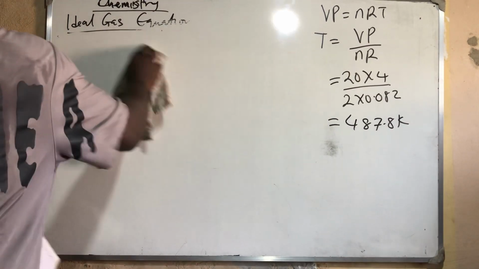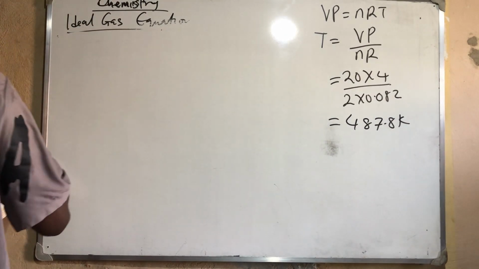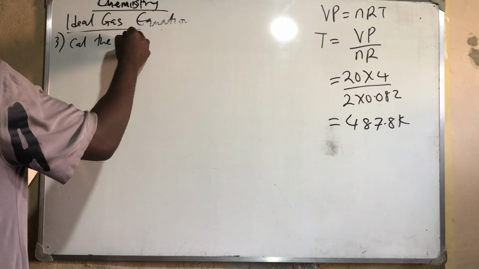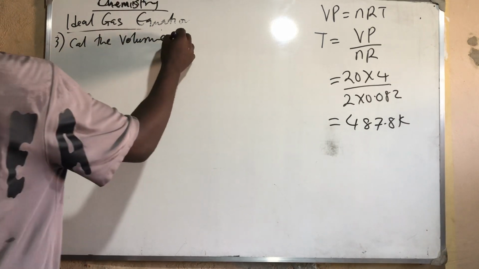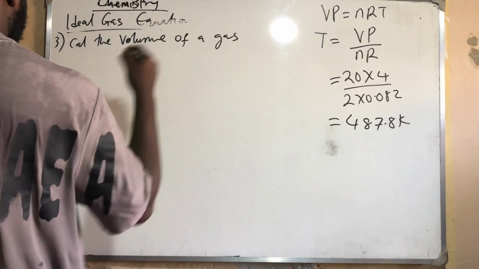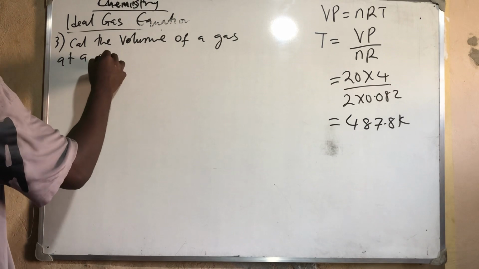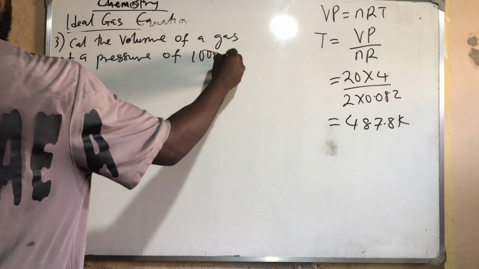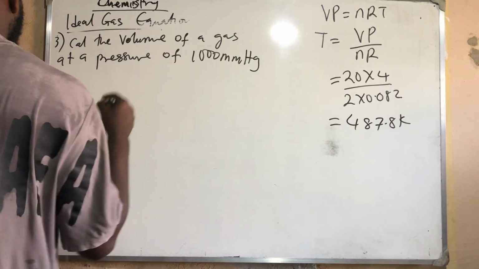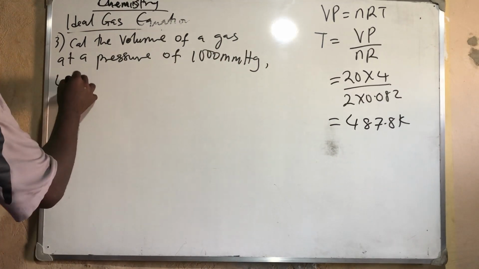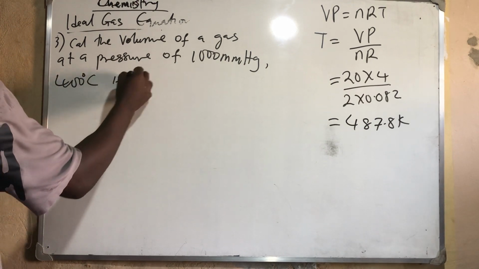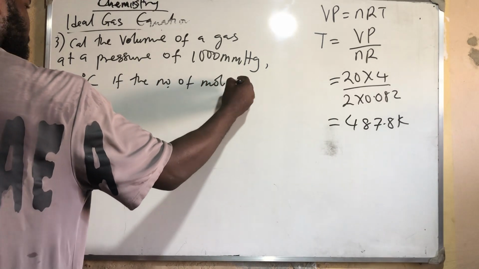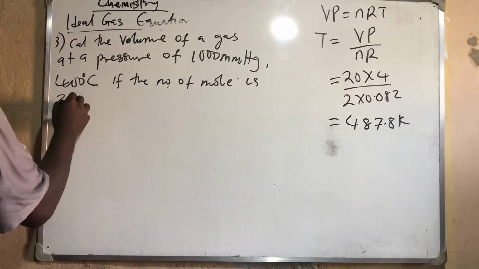Question number 3 said, calculate the volume of a gas at a pressure of 1000 millimeter mercury, 400 degrees Celsius, if the number of moles is 3 mole.